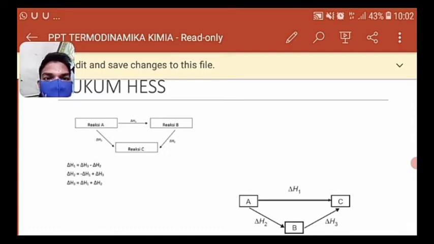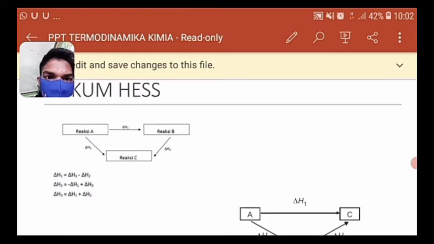Because this process is cyclic, A goes to B, B goes to C, and C goes to A, you can make an equation like this: delta H1 equals delta H3 minus delta H2, and the same for delta H2, a rearrangement of the equation.